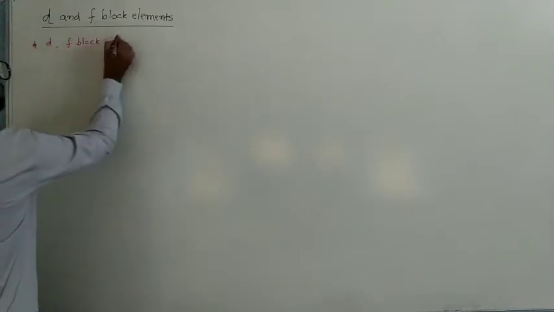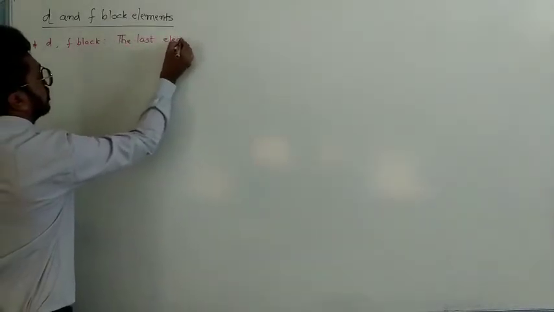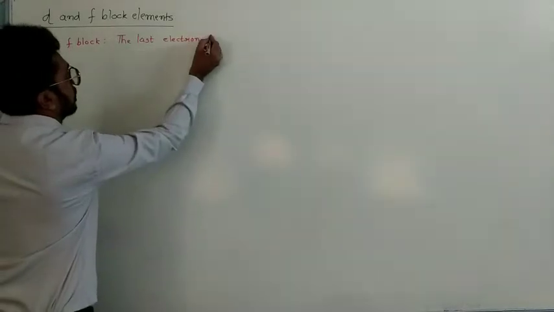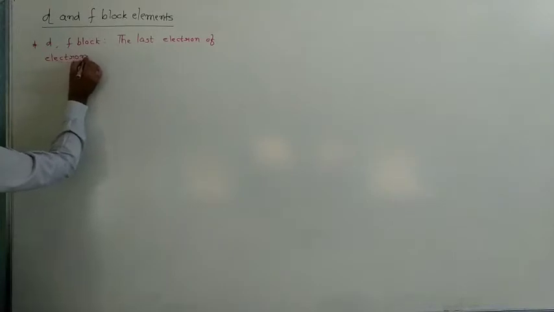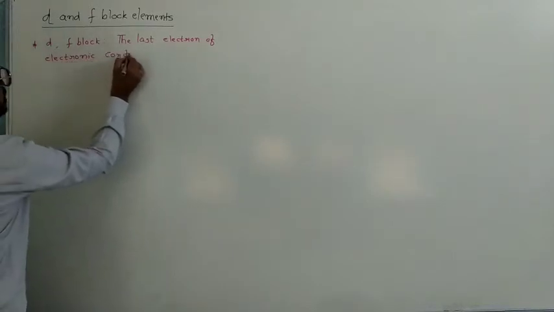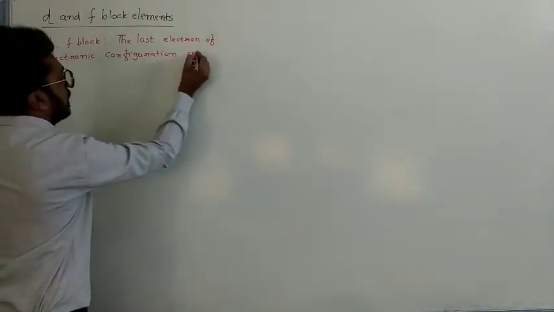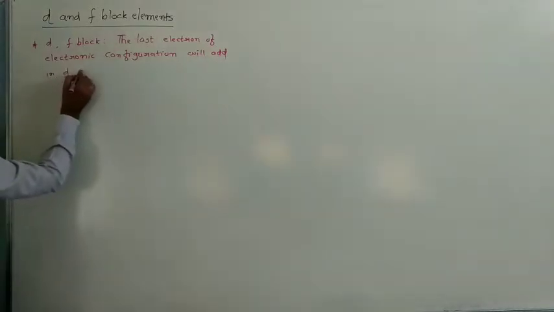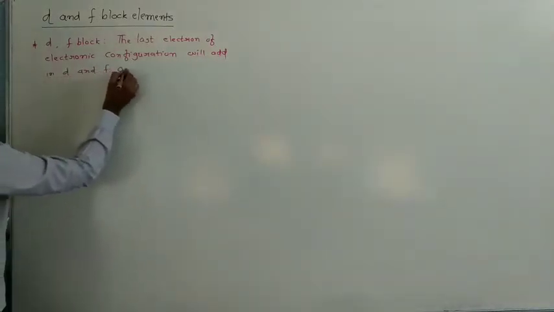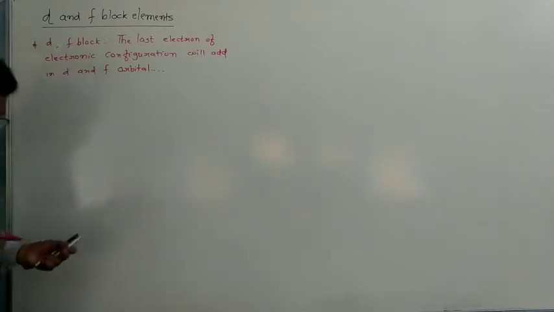We know that if the last electron of the electronic configuration enters the D and F orbitals, that's why the elements are from D and F block.